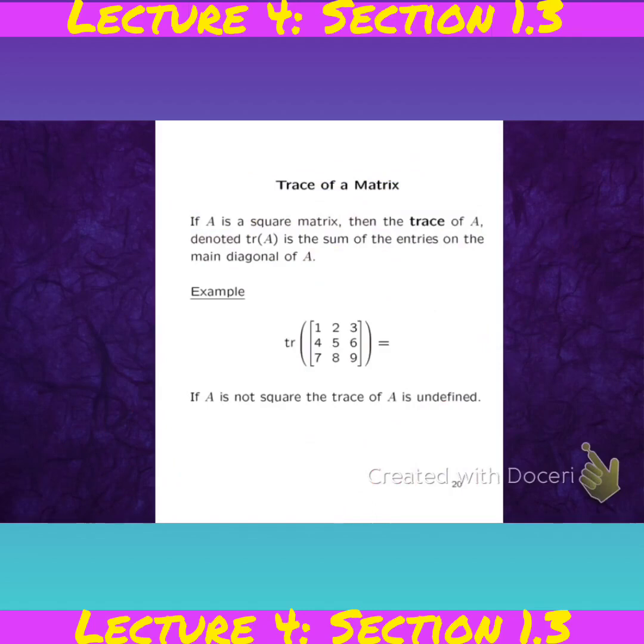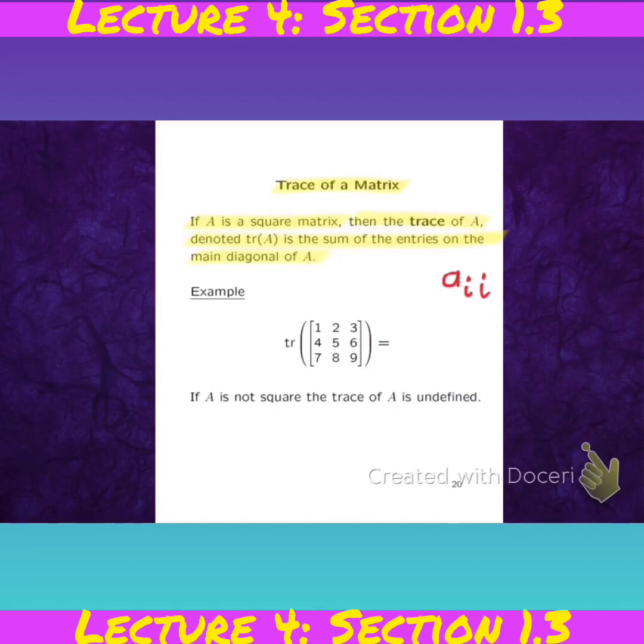Lastly, we've got the trace of a matrix. Just take note of this definition as well. It only applies to a square matrix, and we say the trace of A, denoted by tr(A), is just the sum of the entries on the main diagonal. Now, the diagonal entries are all the entries in the square matrix A where the indices are the same, the row index is the same as the column index.